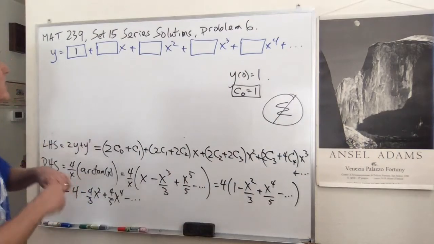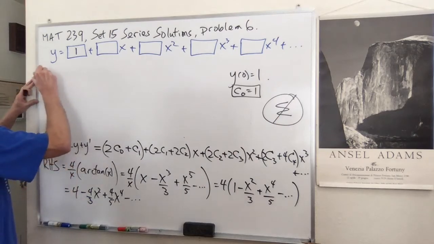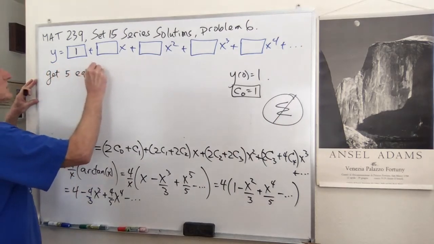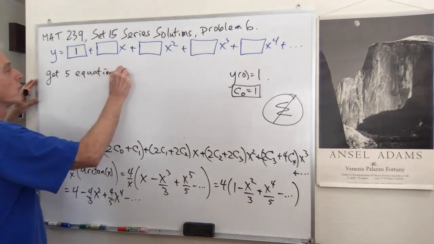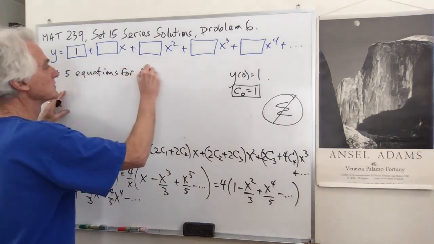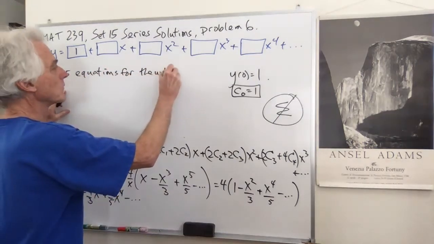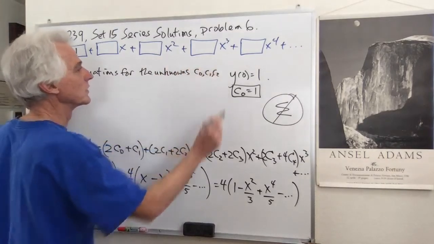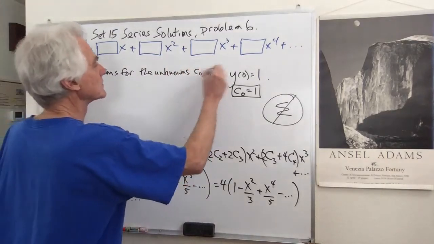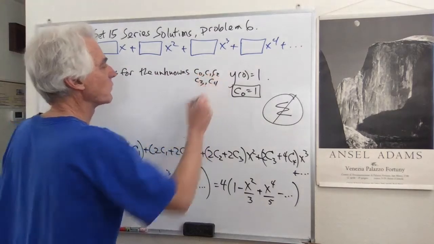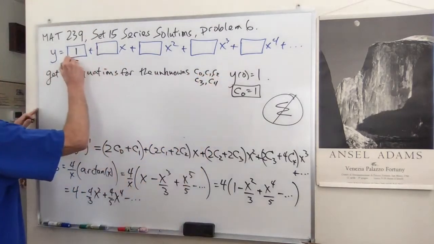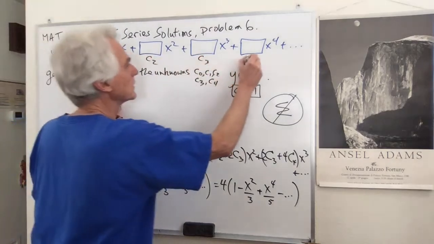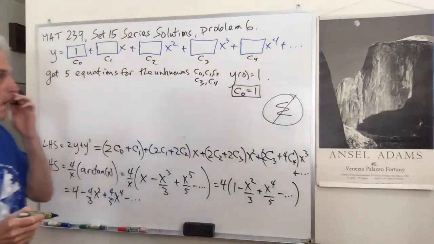So I'm going to get 5 equations for the 5 unknowns C0, C1, C2, C3, and C4. And I'll remind you where they are here. This is C0, here's C1, here's C2, here's C3, and here's C4.